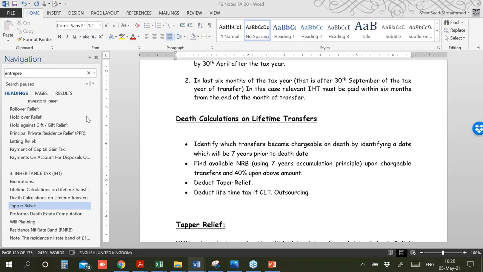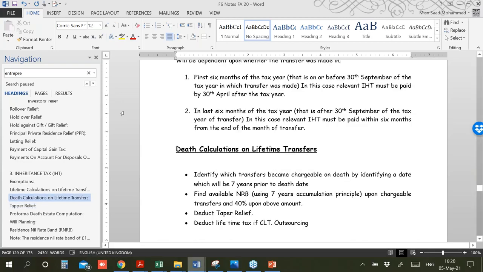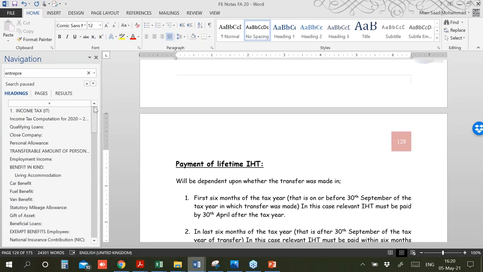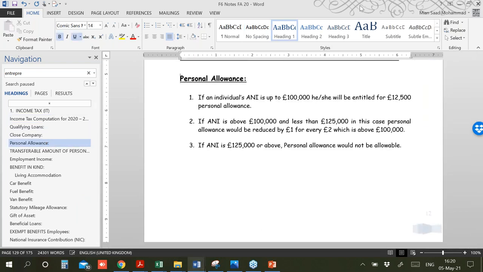To tell you where this topic can be found in my notes, I'll take you to my notes. Here, if you visit the first chapter, that is income tax, there's a topic called personal allowance, and there you can find that if your ANI, which stands for adjusted net income, is up to 100,000, you will be entitled to the complete 12,500 personal allowance. However, if your income is above 125, you will not be able to get any personal allowance.